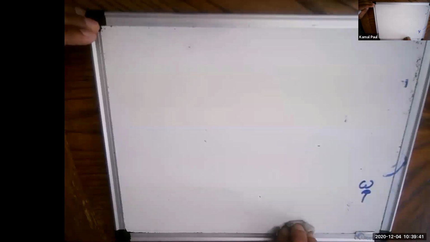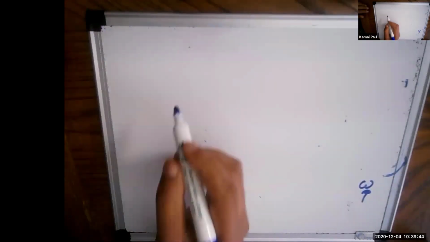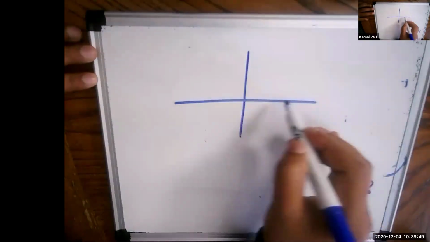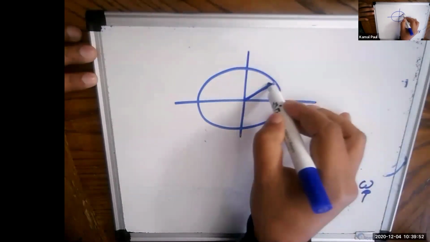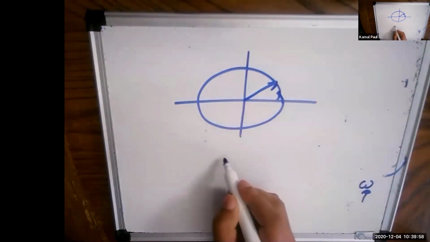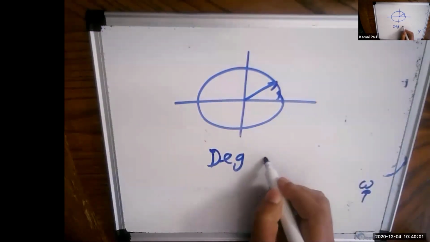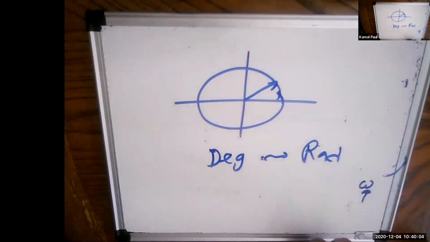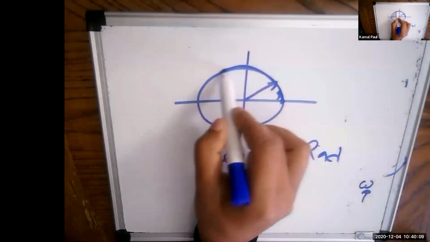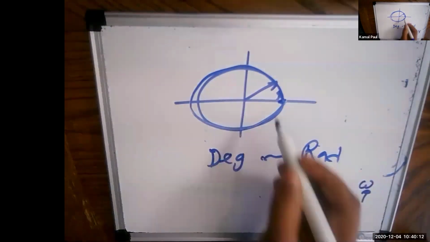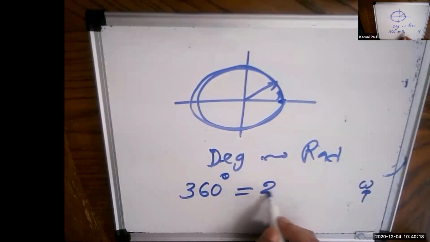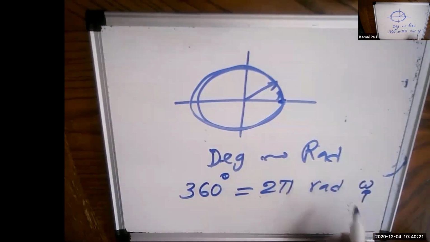The unit of omega is radian per second. Think about this: what is the relationship between degree and radian? Whenever we go through this circle continuously once and come back here, that makes 360 degree, and that is equal to twice pi radian.